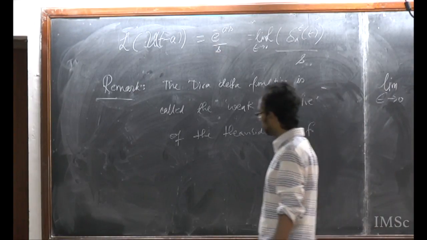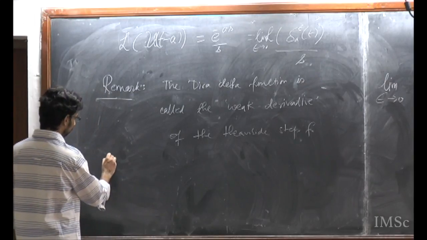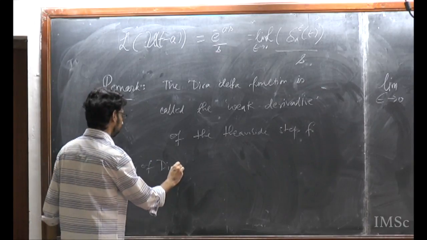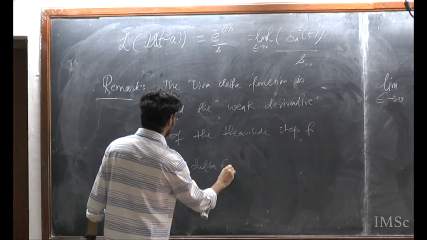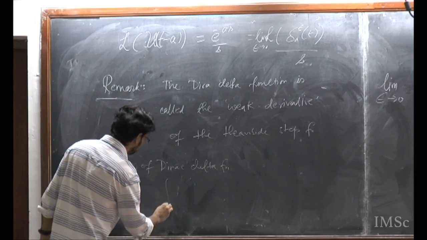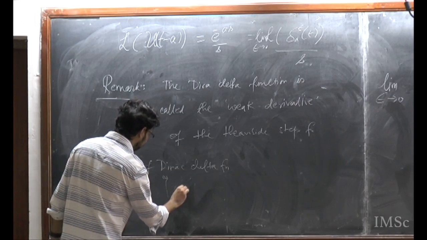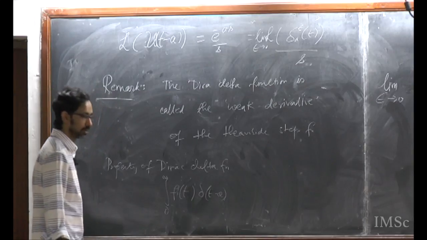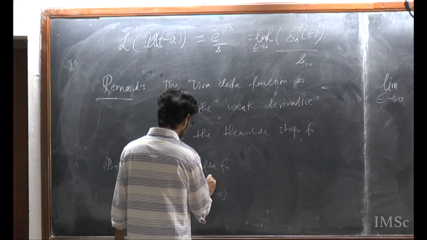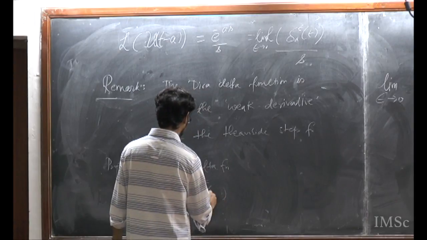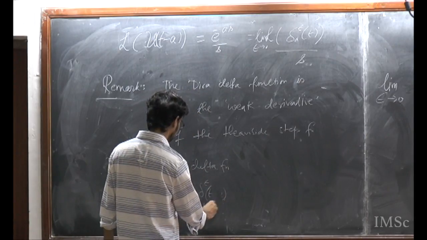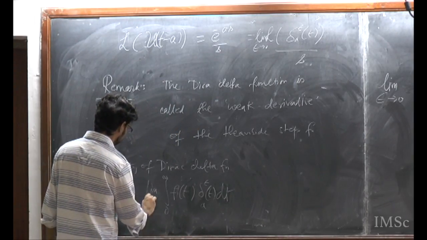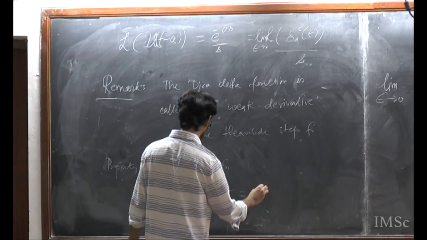Okay, so one important property of the Dirac delta function is that the integral from 0 to infinity of f(t) delta(t minus a), sorry, I put it like this, delta a(t) dt is equal to, what is it?